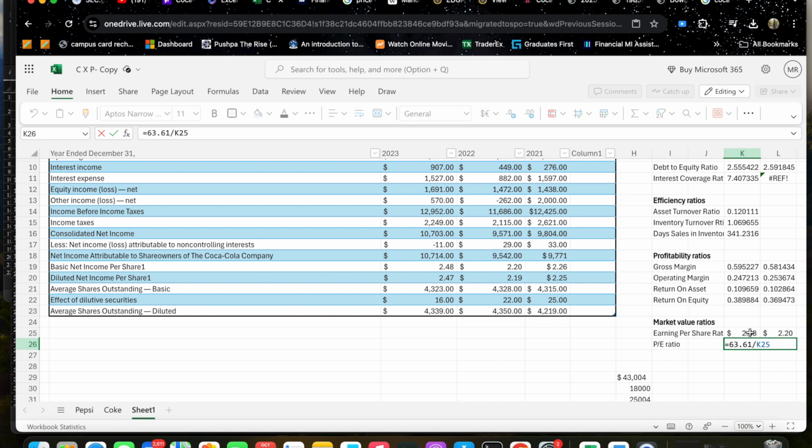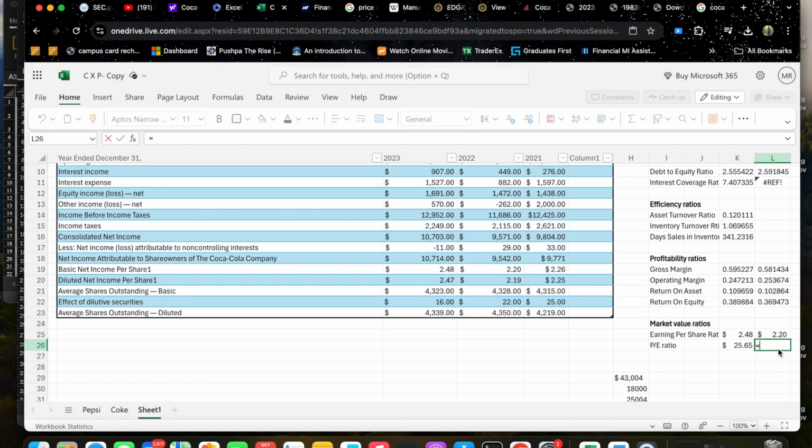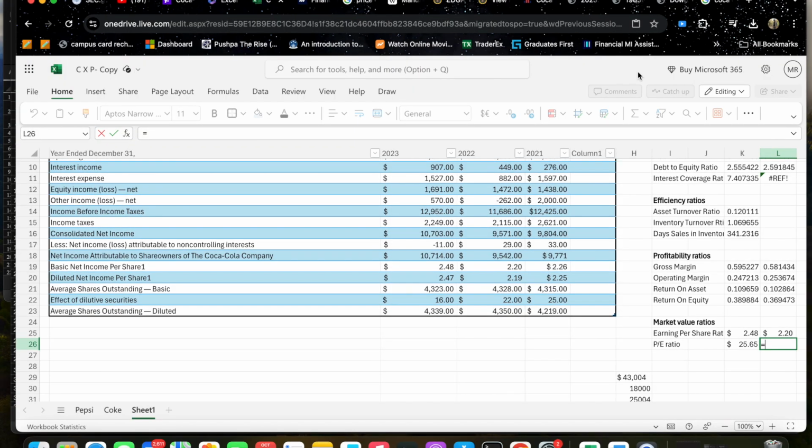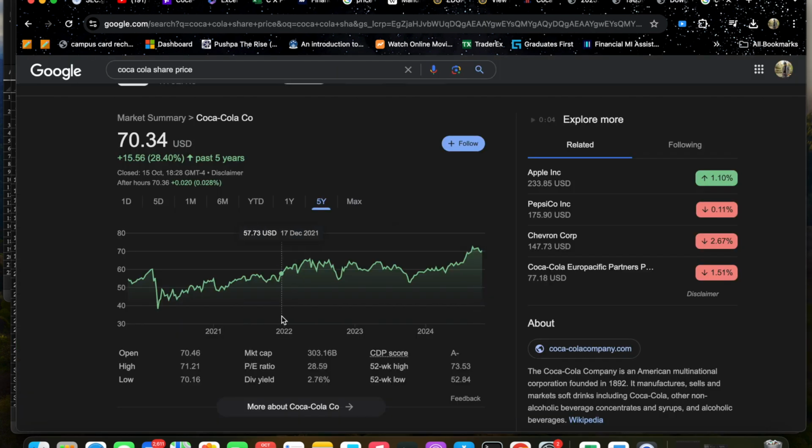So simply divide the price with the earning per share ratio and follow the same methodology. It's 59.21.